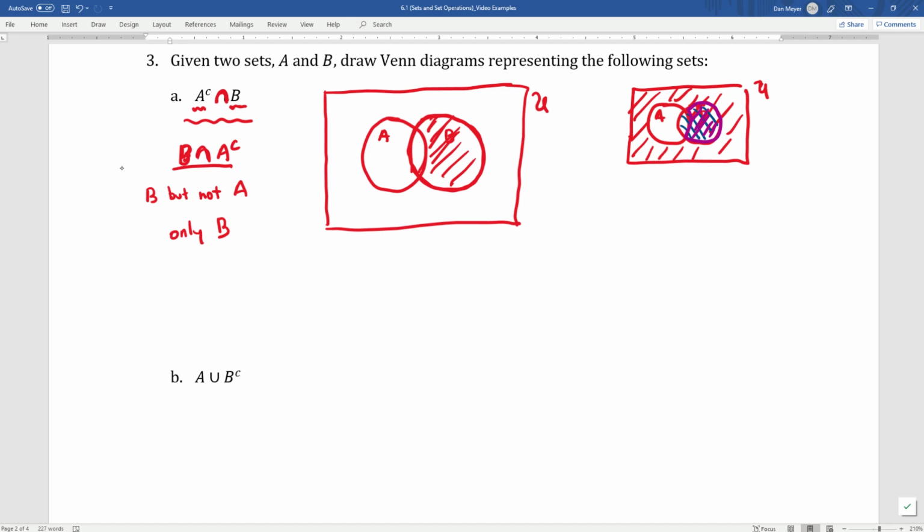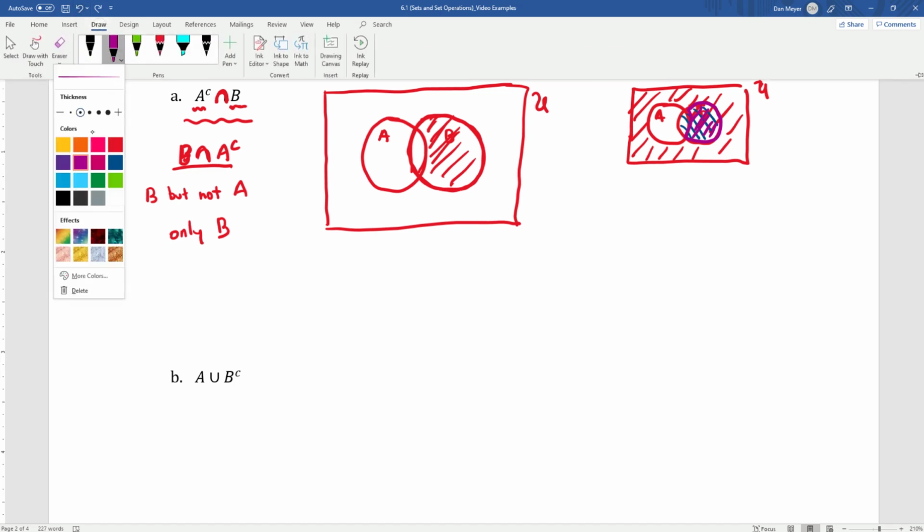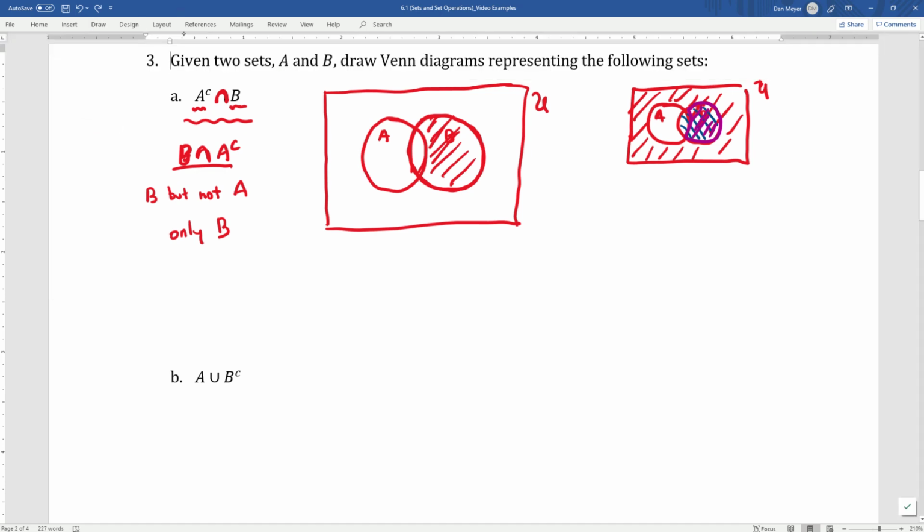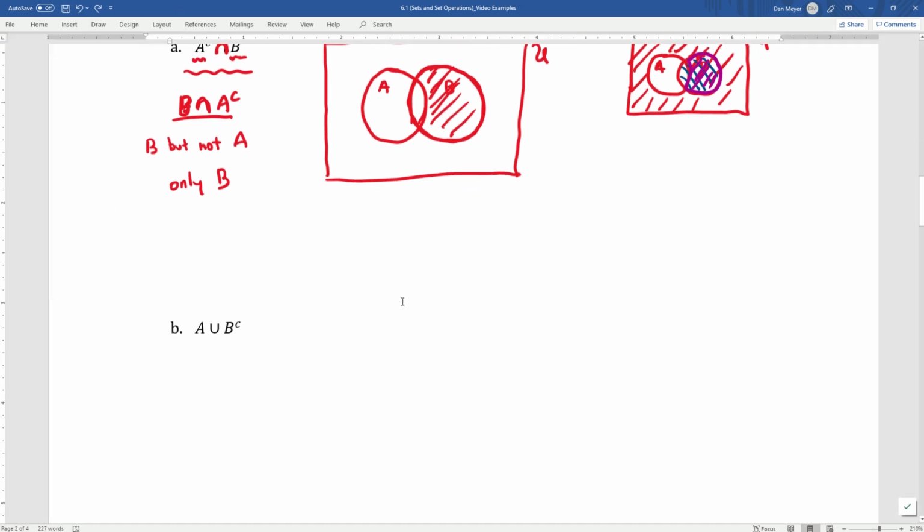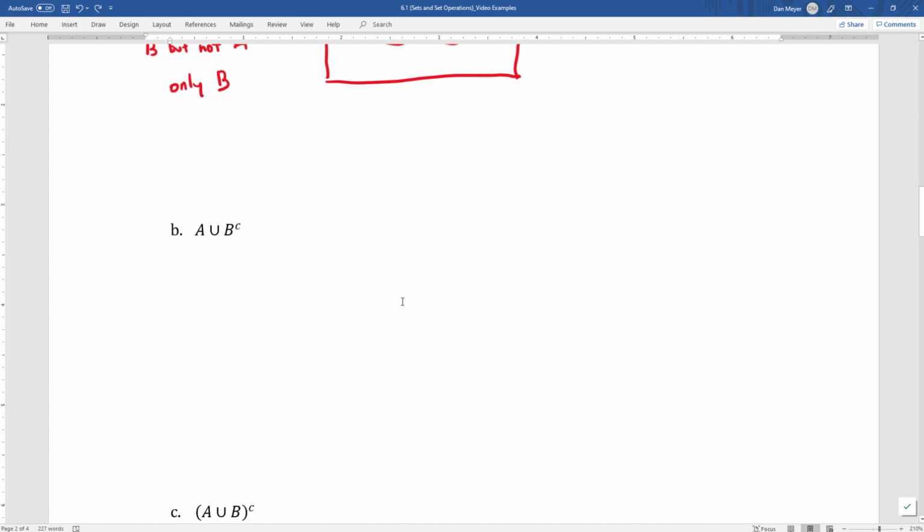It's even easier with the union in example B. I'm going to go back to my red. In example B, when you're doing the union, it's even easier. Unions are a lot easier than intersections. Unions, you just get to write down stuff.